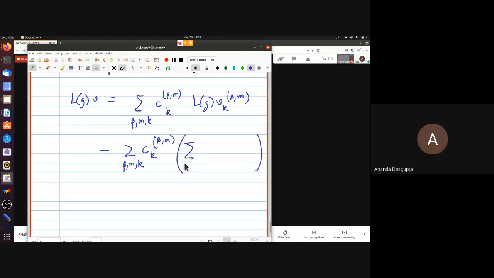Note, in a different case it was a fixed k, this is the sum over all possible j's, right? So this index has changed. But what has not changed is, of course, the irrep beta stays the irrep beta throughout.